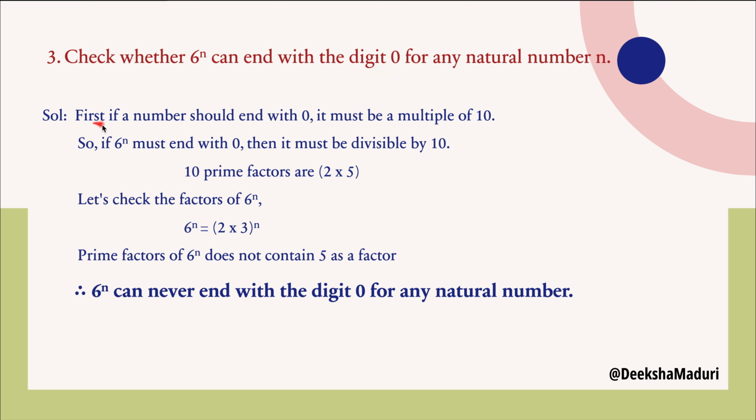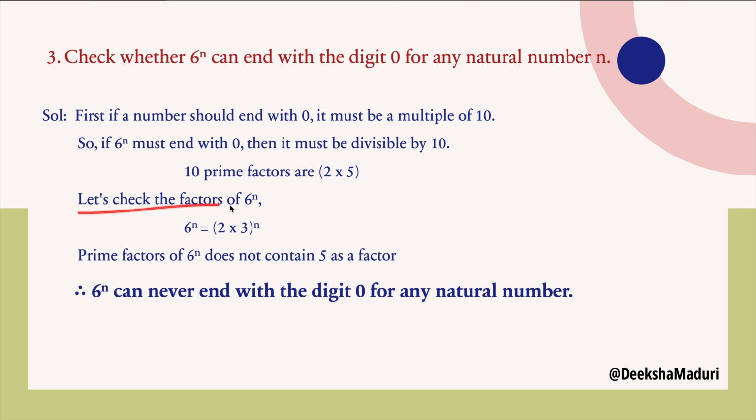First, if a number ends with 0, it must be a multiple of 10. So if 6 to the power of n must end with 0, then it must be divisible by 10. If we consider the prime factors of 10, they are 2 and 5.